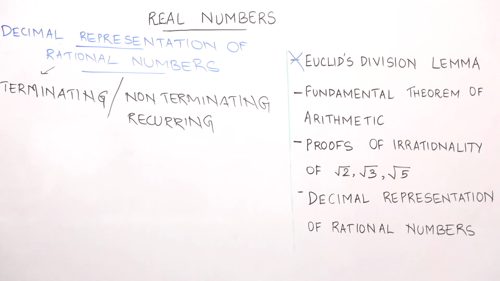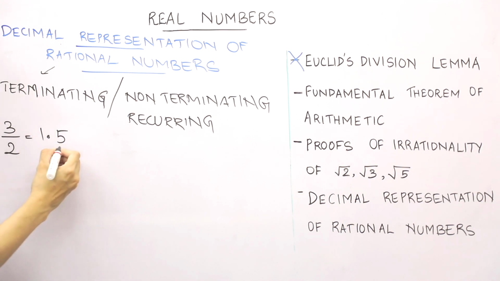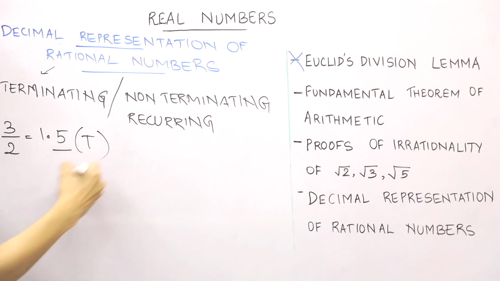Now let's see a few examples. 3 by 2 is a rational number because it's in the p by q form, and 3 and 2 are integers. When I express it in decimal form, it becomes 1.5, which has a fixed number of digits after the decimal point. Therefore, it's a terminating decimal.